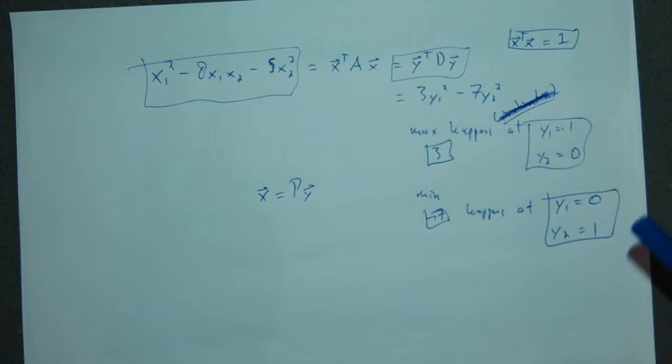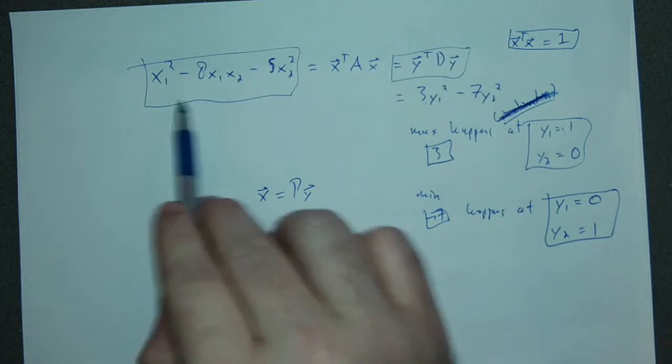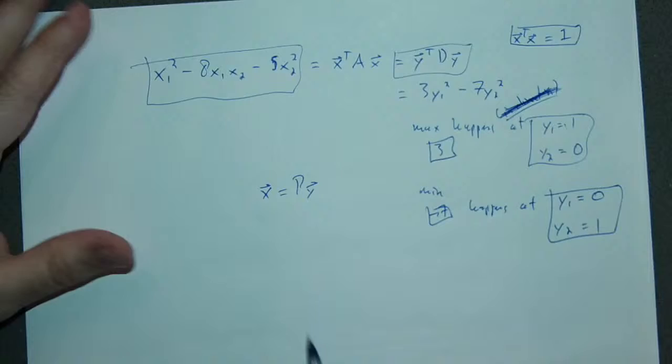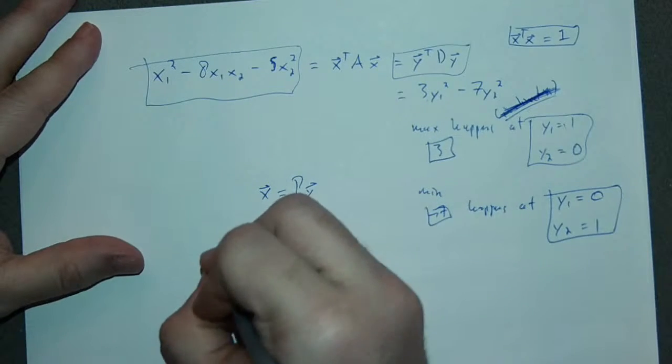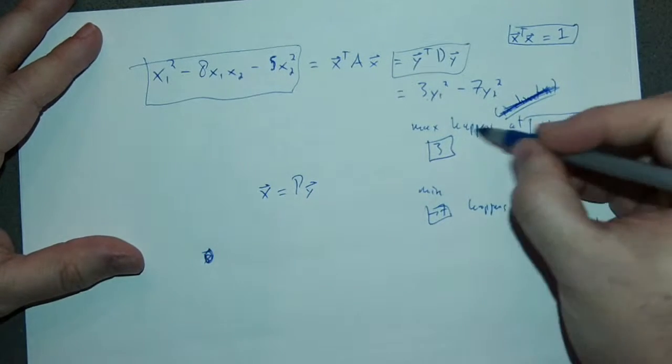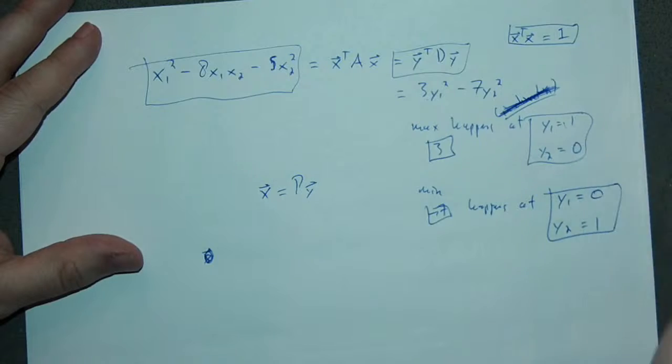And so if I wanted to see what this was in terms of x, since this is what I started with, I would need to multiply this. So let's go back. What is the x value where the max happens?